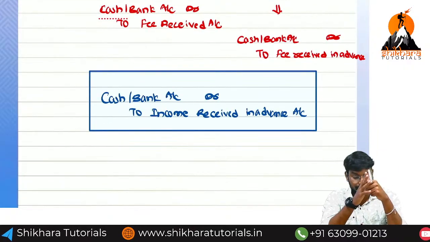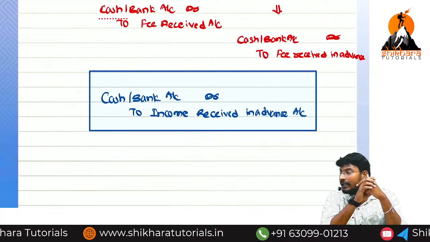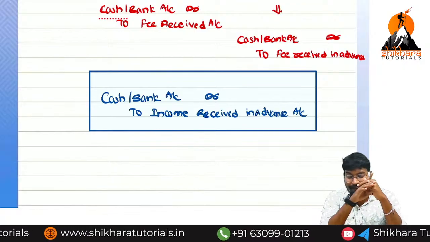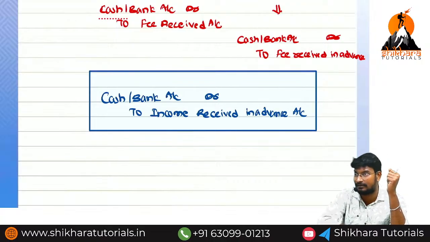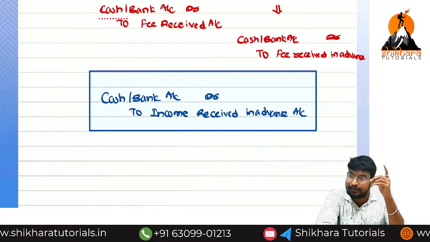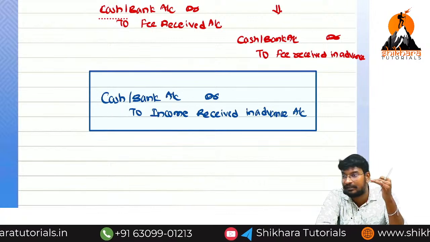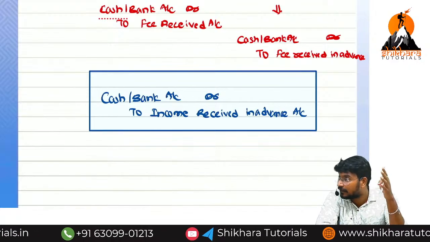Now, next we need to discuss which accounts are income accounts and expenses accounts. So please concentrate. These 2 types of accounts have some differences compared to the previous accounts. What are the previous accounts? Asset account, the capital account, the debtor account, the creditor account.